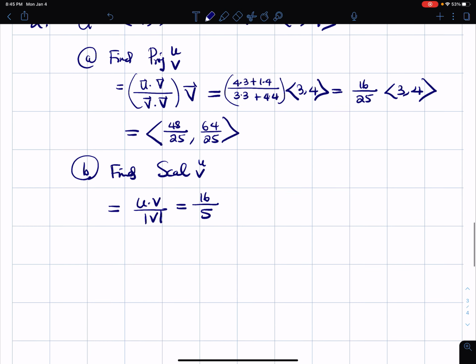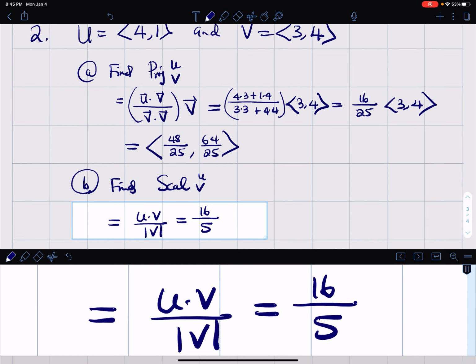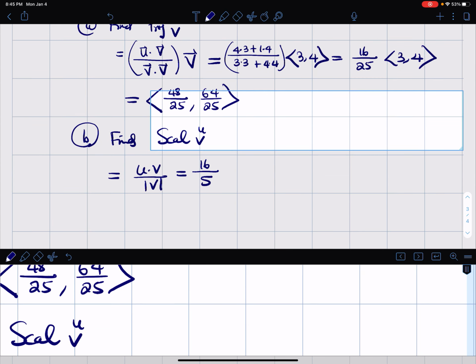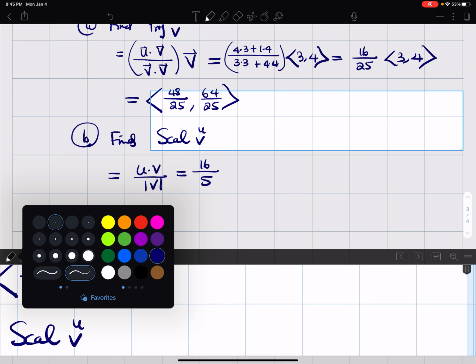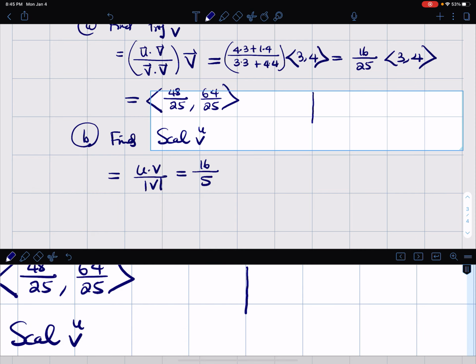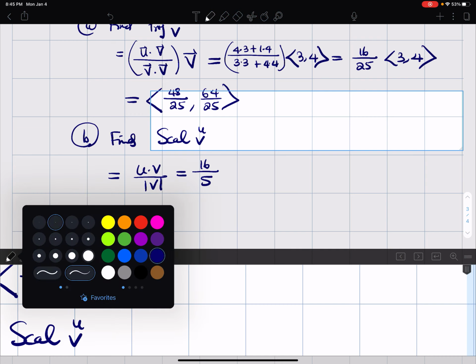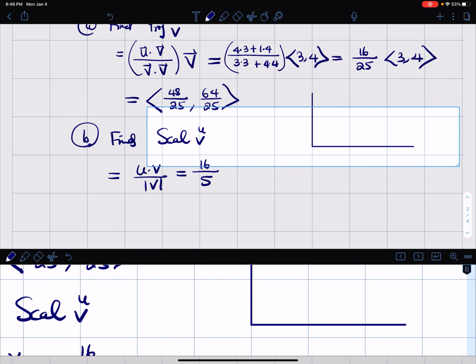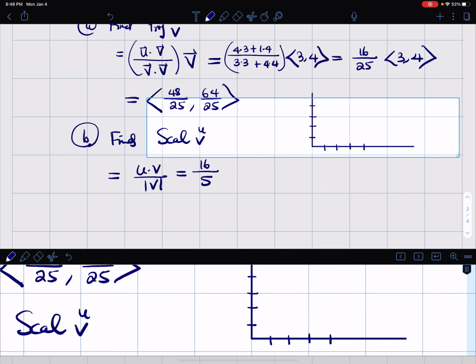So we can actually maybe make a diagram of this and try to explain to ourselves further geometrically how this worked. So this is 1, 2, 3, 4, and then 1, 2, 3, 4.